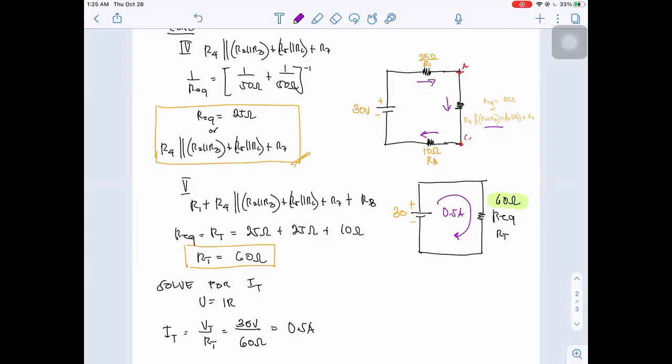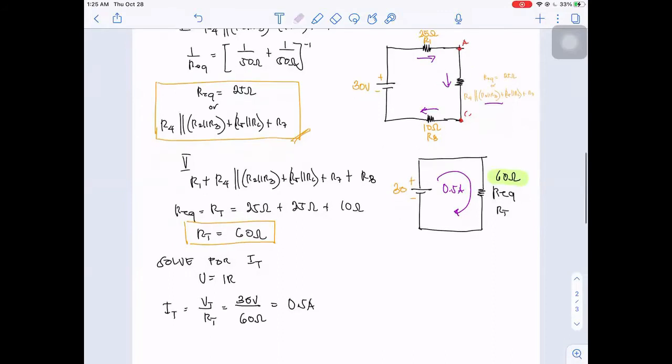Because of that, IT is equivalent to IR1, which is equivalent to IR8, and also the current through R4 parallel to R2, R3, plus R5, R6, plus R7.